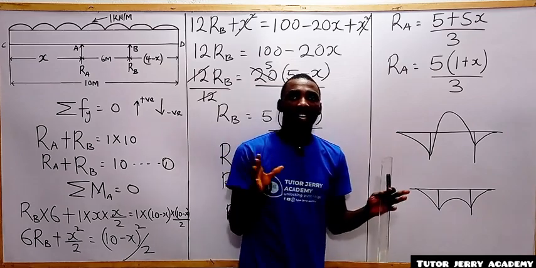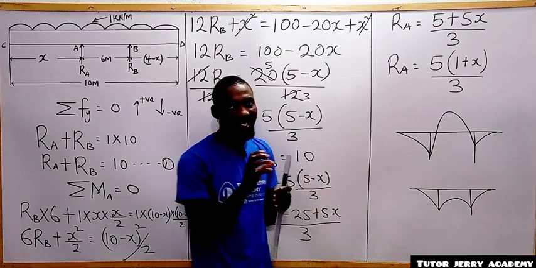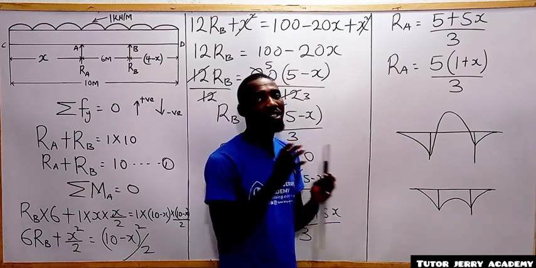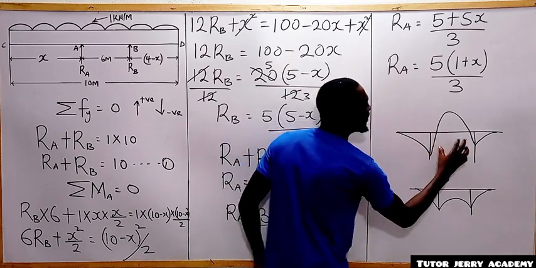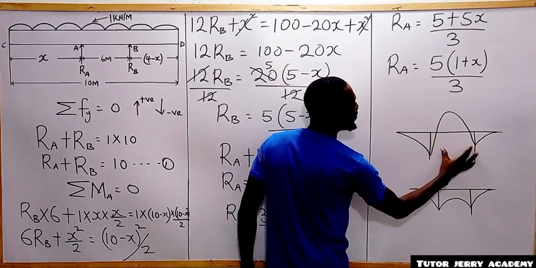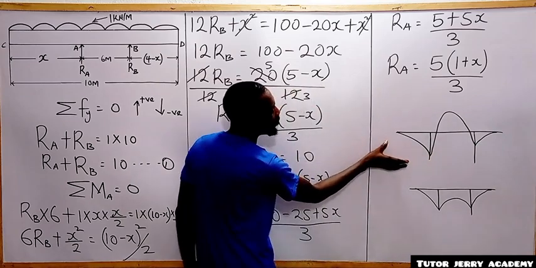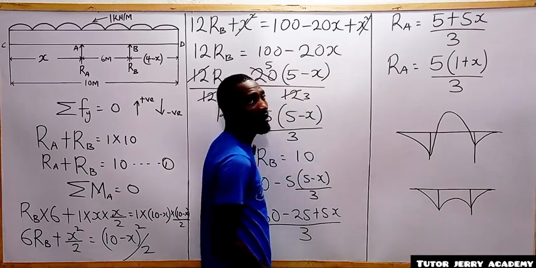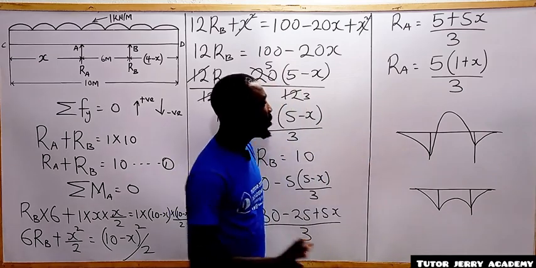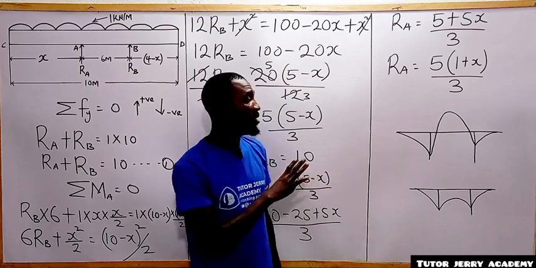So for this overhanging beam to be as small as possible, it means that we need to adjust the length so that the positive maximum bending moment at the span of this beam will be equal to the negative maximum bending moment. Do you understand that? So we will need to adjust the length of this beam.